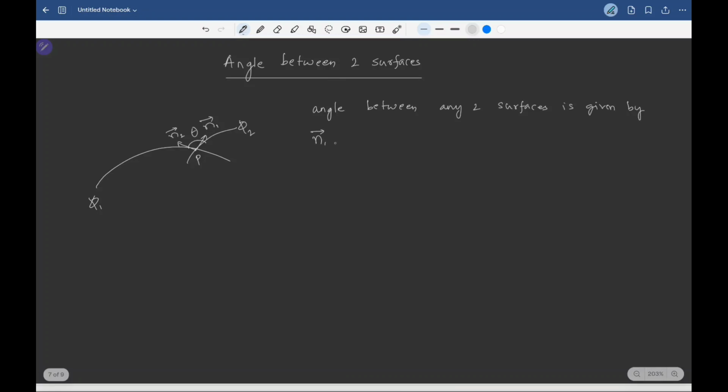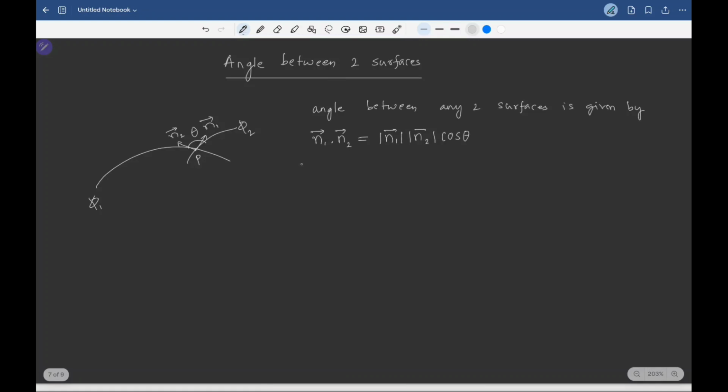How can we solve for the angle? Taking the dot product, right? Let's take the dot product of n1 and n2, which gives absolute value of n1 times n2 times cosine of the angle between them.